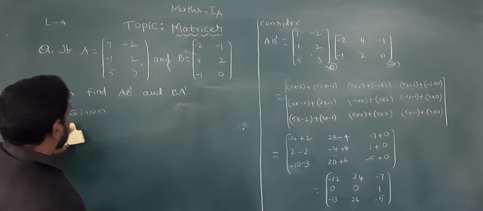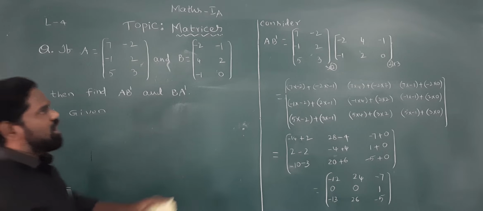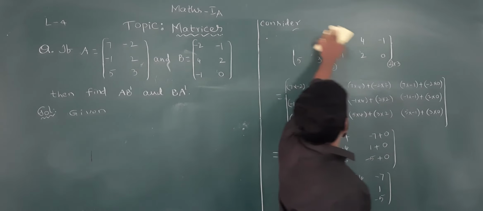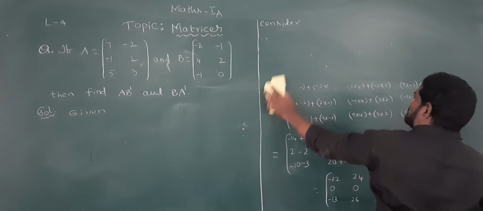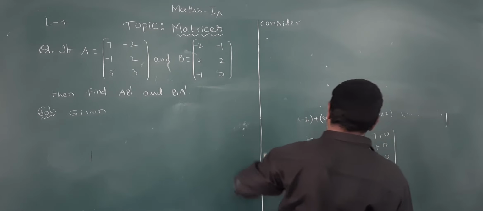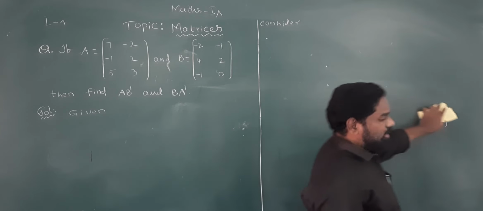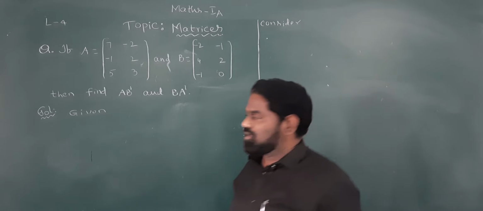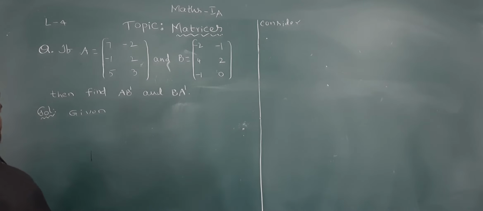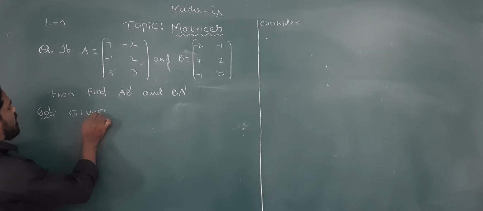First of all, we have to take the matrix. To find B into A transpose, we have to find A transpose first like this. What is the given A matrix?